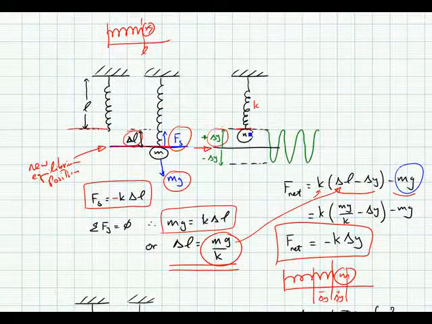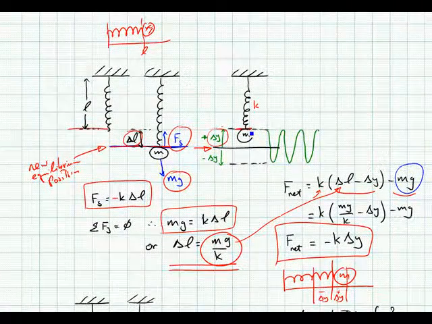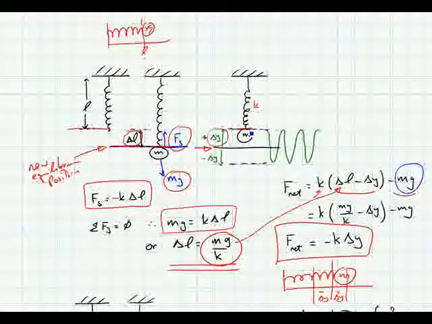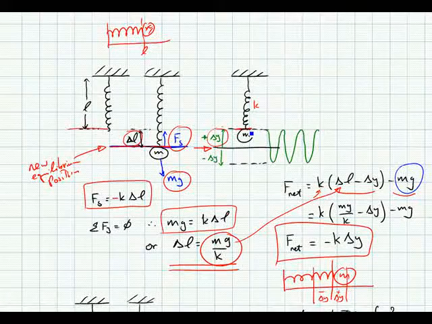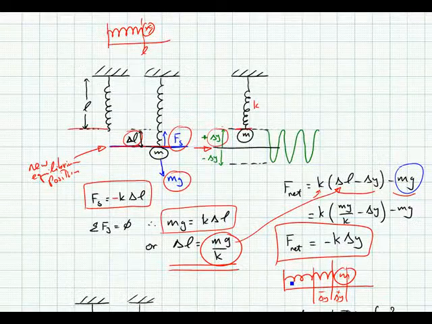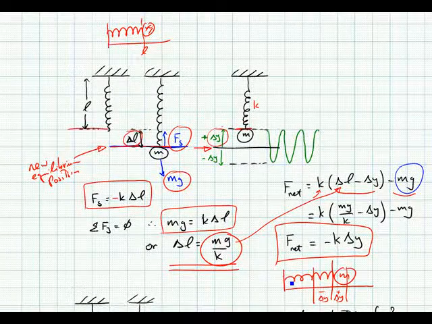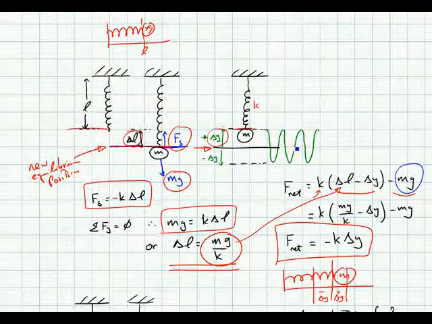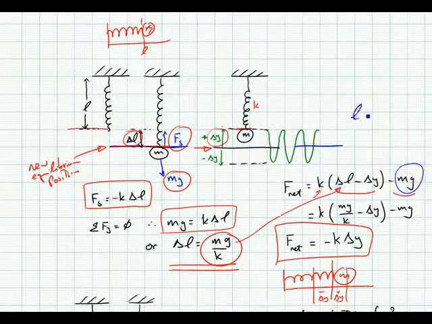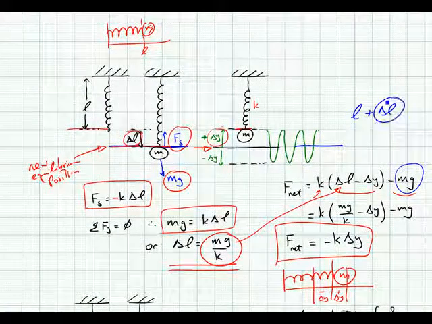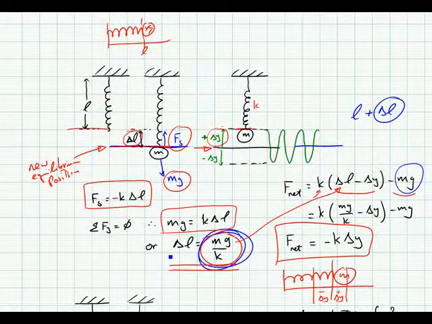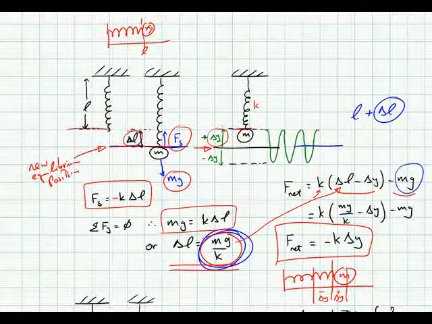So a system involving a vertical spring with a mass hanging from it will exhibit simple harmonic motion as if it were a spring on the horizontal. But the important thing is that you need to figure out this new equilibrium position, which is the length of the spring plus delta L, that delta L being the amount that the spring is stretched due to mass m's presence.